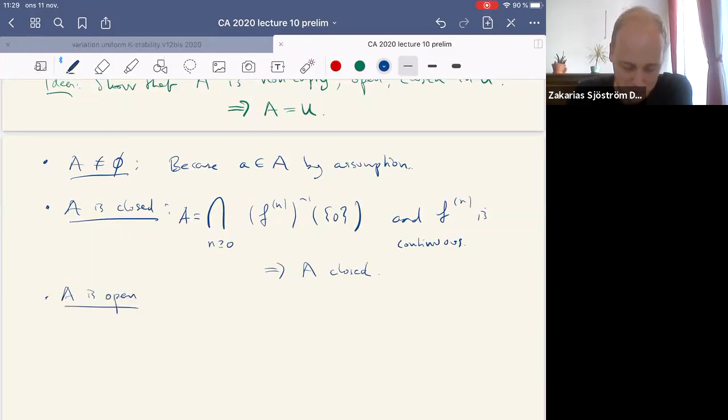And now the last part, so the slightly harder part, but not too hard, is to see that A is open. So how could we try to see that it's open?